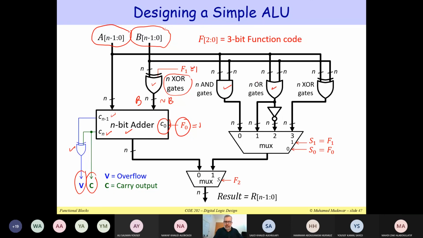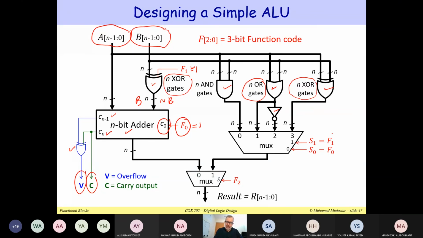These are OR gates, n of them, n OR gates. These are n XOR gates. I'm using also inverters to obtain not OR. This is NOR. So this is basically it. We can have AND, we can have OR, we can have NOR and XOR.